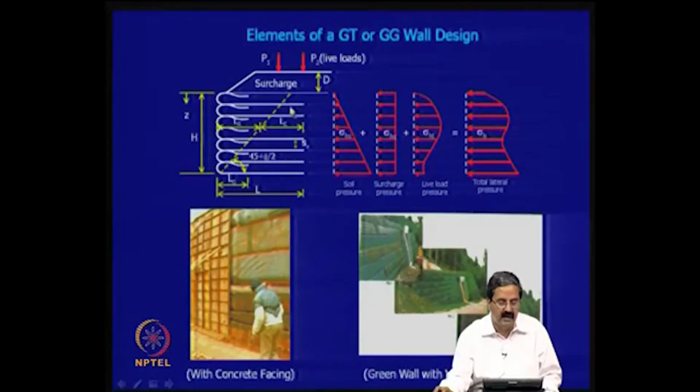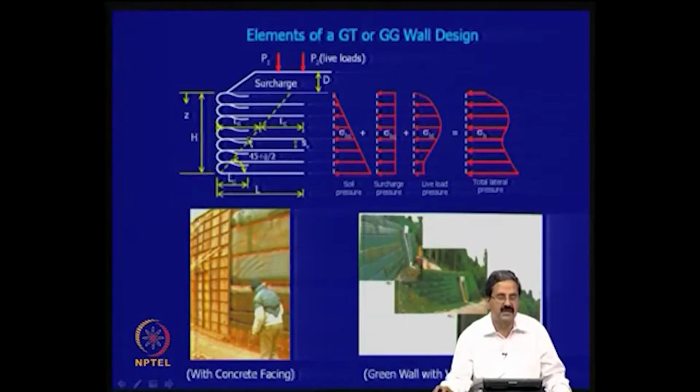We calculate tensile force and see that there is a resistance offered from this. It should not slip, reinforcement should not slip. So, you have an additional length that you have to provide. Say for example, tensile force is mobilized, that tensile force has to be sustained. Whatever is the tensile force, you should have a length here at least because of the friction between the soil and geogrid, that force should be able to be twice the force mobilized in the reinforcement.